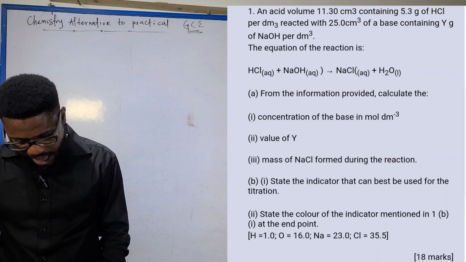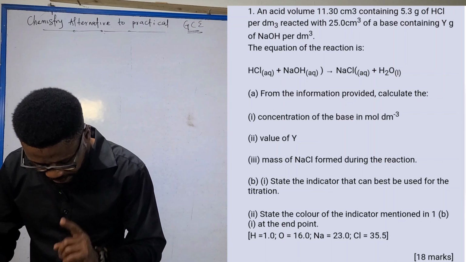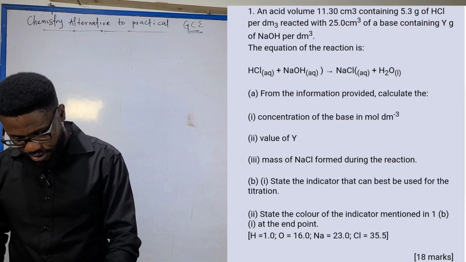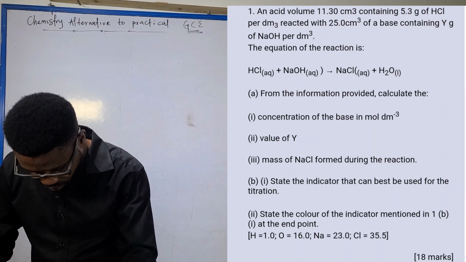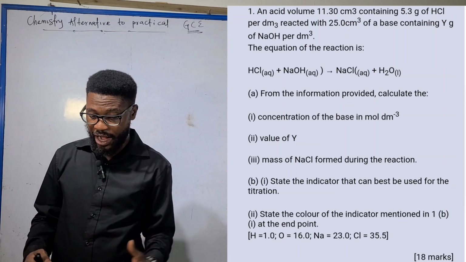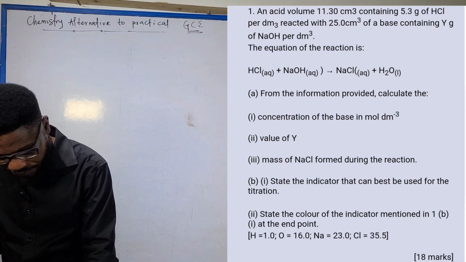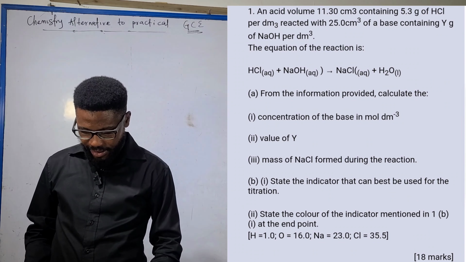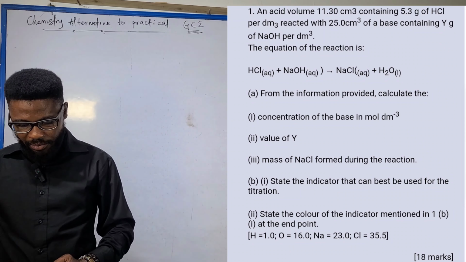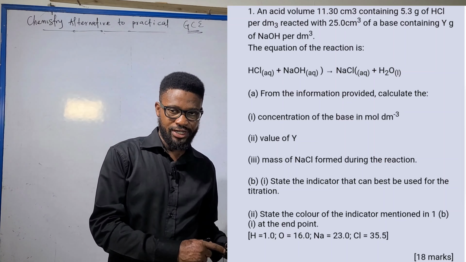We were given the equation. From the information provided, we were told to calculate A1, the concentration of the base in mole per dm cube. Of course, this is a very direct question. We were given the concentration of the acid, so since we have information about the acid, that becomes our standard solution.